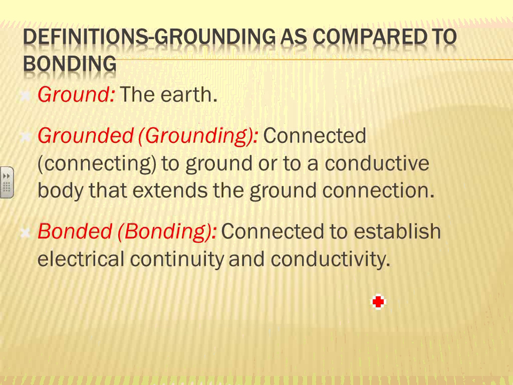A couple of definitions. They define the ground as earth, grounded as intentionally connected to the ground, and bonded as connected to establish electrical continuity. So the reason why we bond things, guys, is to put them at the same potential, so you're not standing here holding on a tag that's sitting at 480, and the other hand is holding on another tag that's sitting at 0 volts.